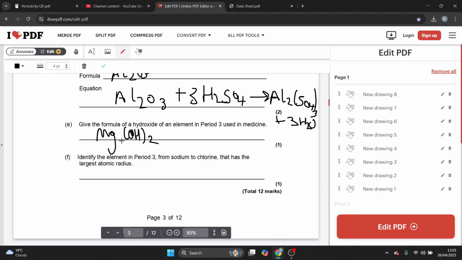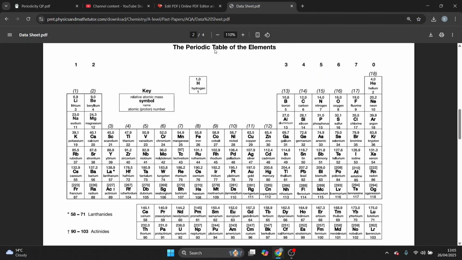Well, if we think about it, sodium to chlorine. A lot of students, including myself, would say chlorine. It's got the most number of electrons, right? But it's also got the most number of protons.